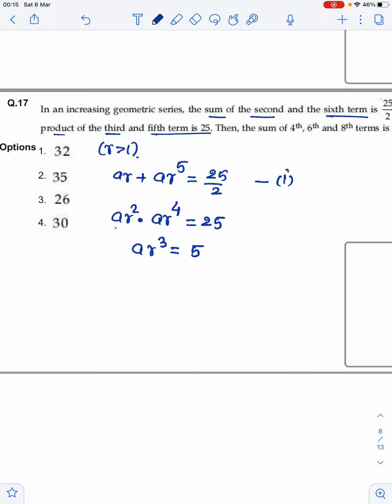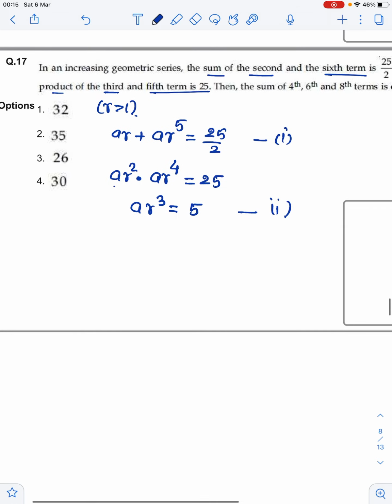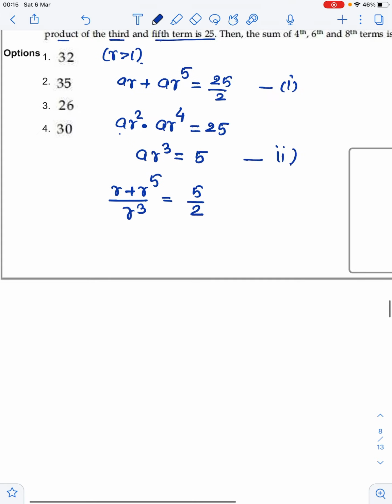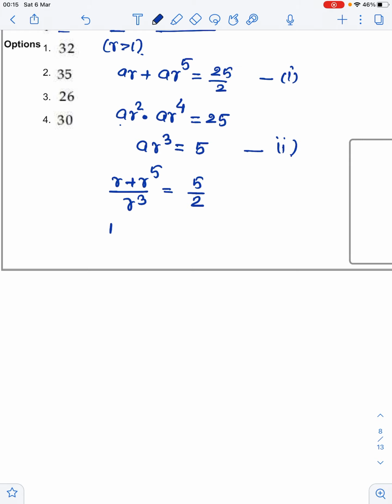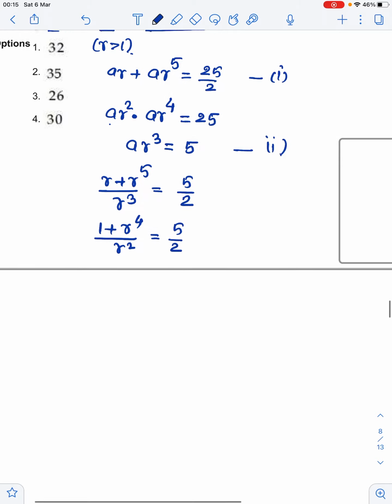Now we can divide equation number 1 by 2 so that we can have the relation in R. So this is R plus R to the power 5 by R cube is equal to 5 by 2 on division. So R cancels, this becomes 1 plus R power 4 by R square is equal to 5 by 2.